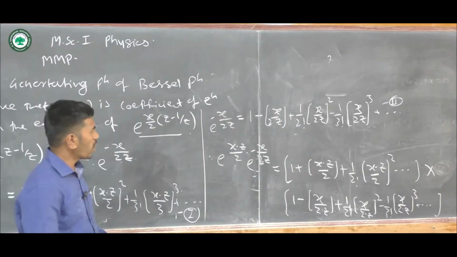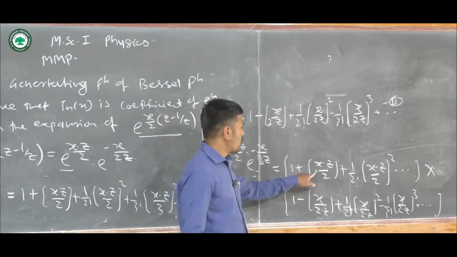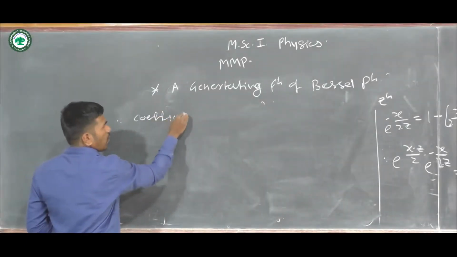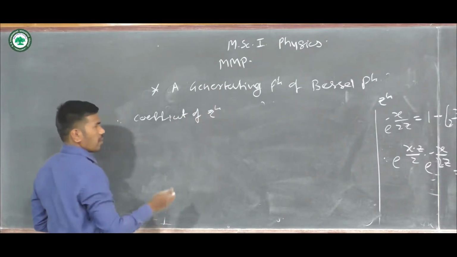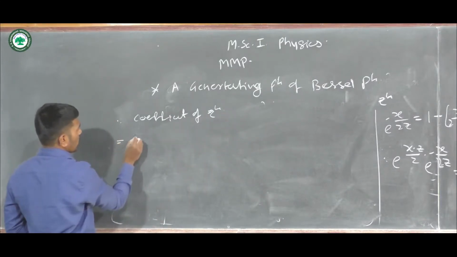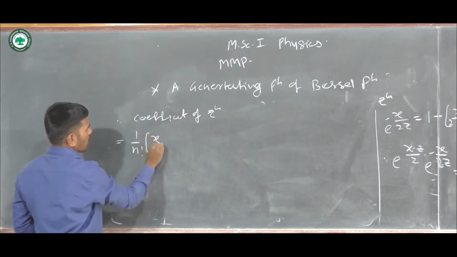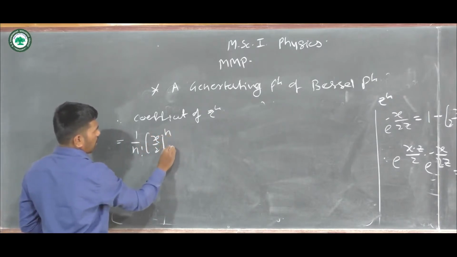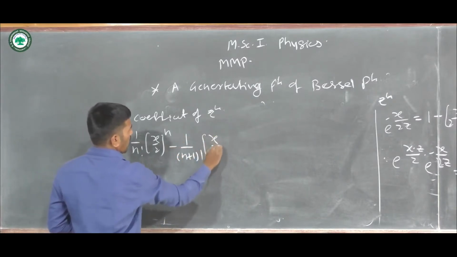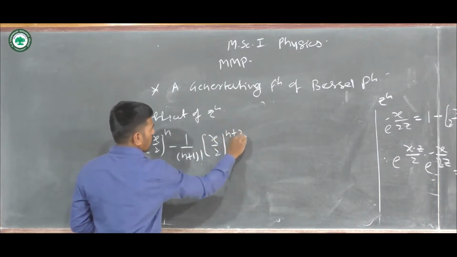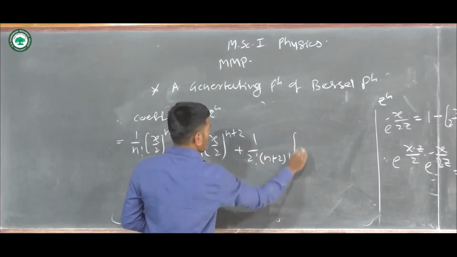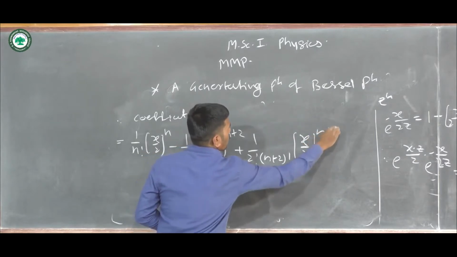Now after the multiplication, if we take the coefficient of z power n, it is equal to 1 by n factorial into (x by 2) power n minus 1 by (n plus 1) factorial into (x by 2) power n plus 2 plus 1 by 2 factorial into (n plus 2) factorial into (x by 2) power n plus 4 and so on.